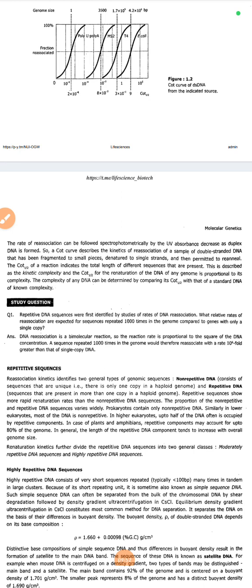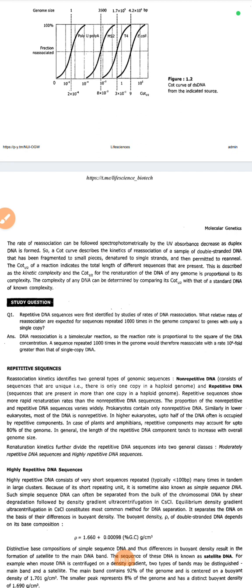The Cot half of the kinetic reaction indicates the total length of the different sequences that are present. This is the kinetic complexity. The Cot half for the renaturation of the DNA of any genome is proportional to its complexity.